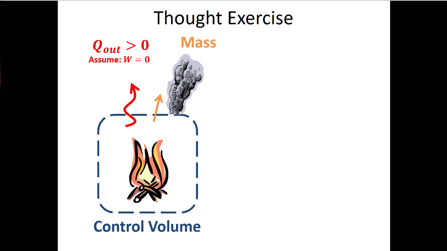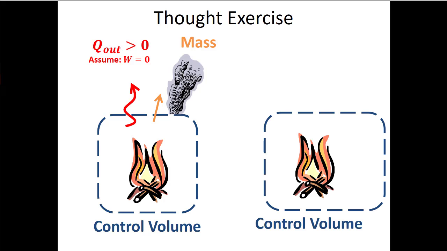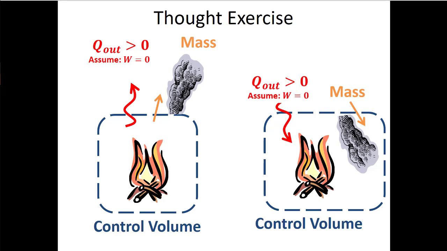But this is an open system. I could do a first law analysis on this. But here's what I can't do. Let's say I set up this campfire in such a way that I could capture all the mass that left with the smoke. And then I could put back all the amount of heat that I lost.